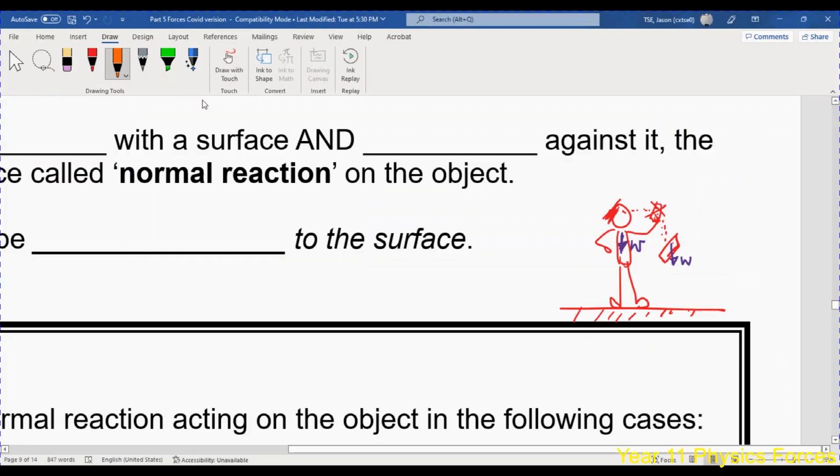So you feel the force when you stand on the ground for a very long time. What kind of feeling? I hope my drawing is good. Oh, I really hate this.